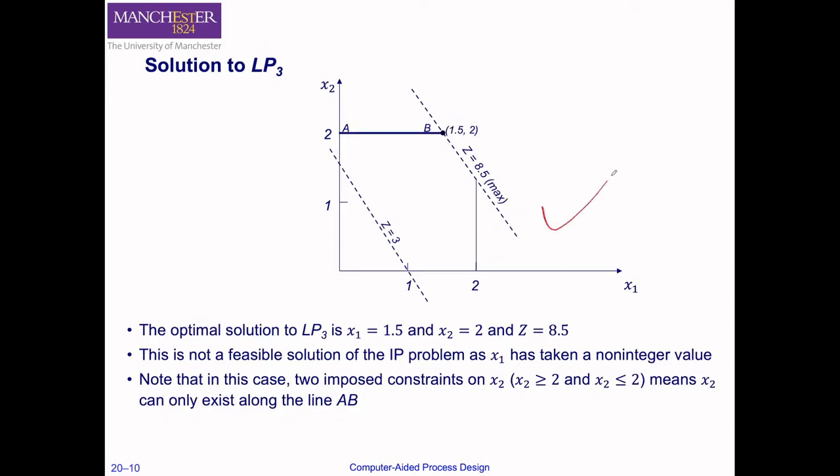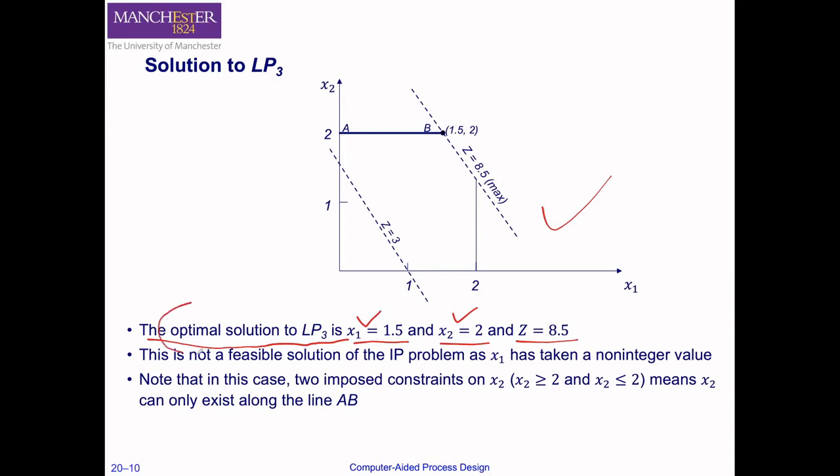This is a graph for LP3. From this graph, it is not difficult to determine the optimal solution to LP3 is x1 is equal to 1.5, x2 is equal to 2. The maximum objective function value is equal to 8.5. x2 is an integer, but x1 is not an integer.